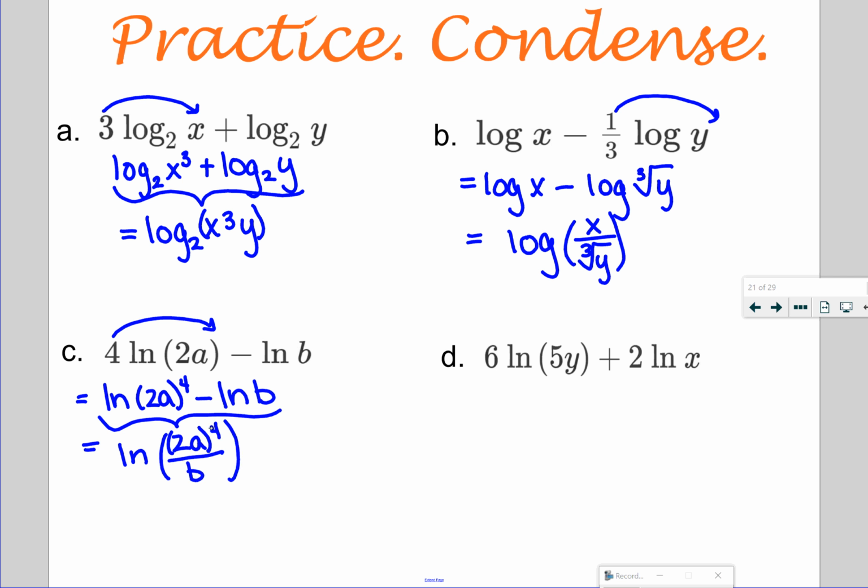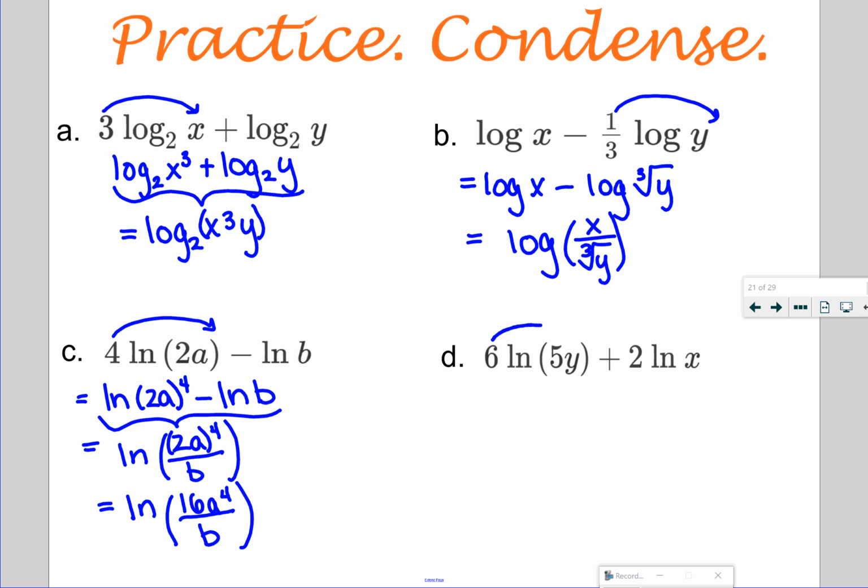I can also distribute the 4 in to that numerator, and I could have done it in this step as well if I wanted to. So if I do 2 to the 4th, that's 16. A to the 4th over B is going to be the final simplified answer on that one.